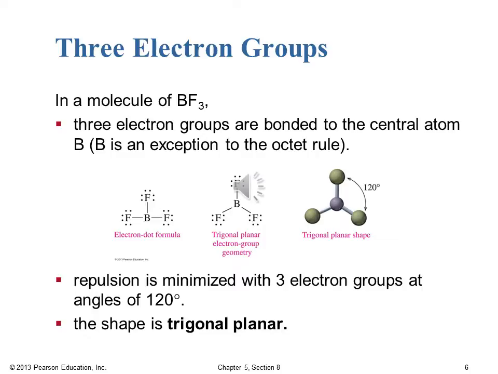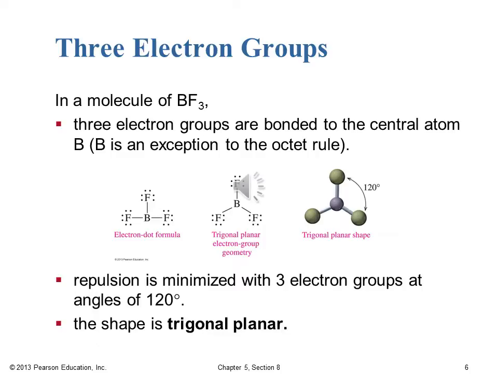If we want to separate that out to minimize electron-electron repulsions, we make what's called a trigonal planar shape, where we've separated those electron bonding domains around the central atom by 120 degrees.